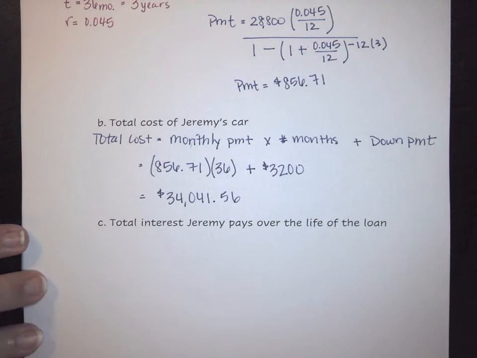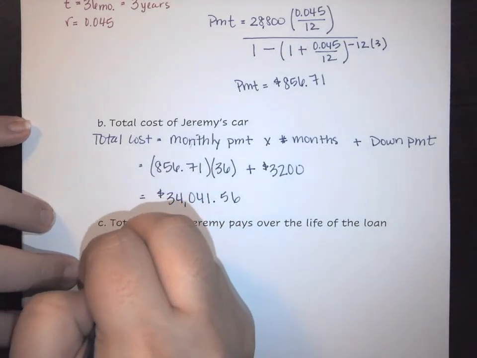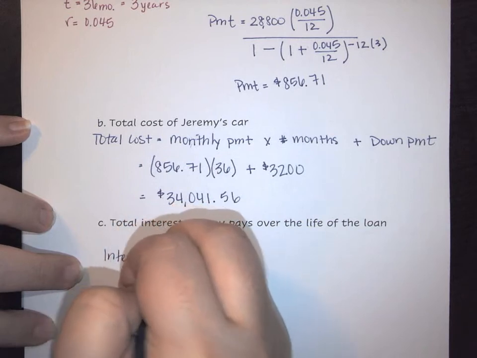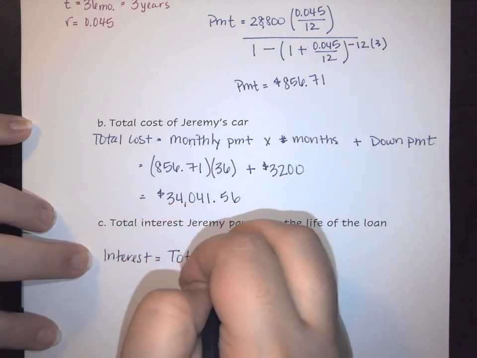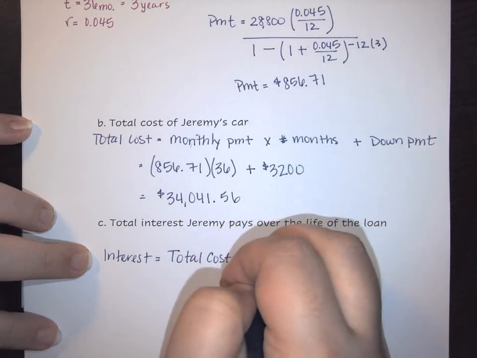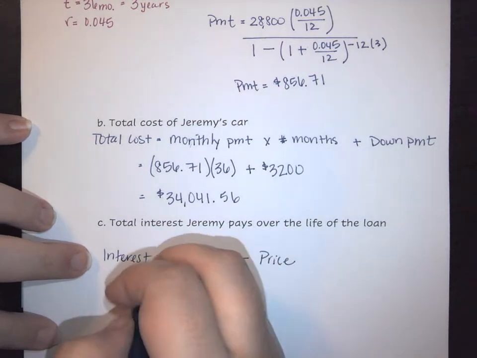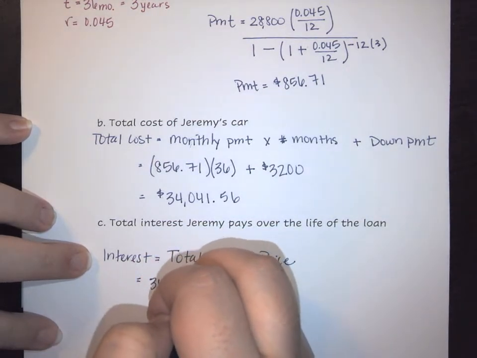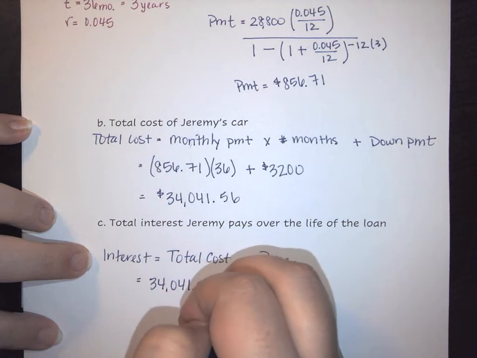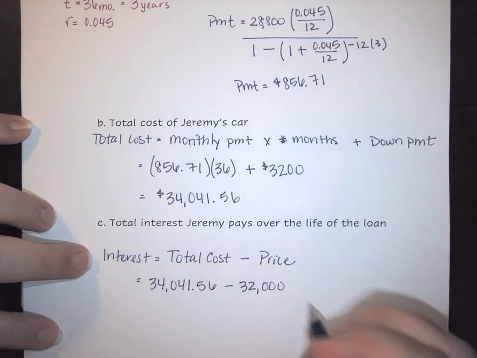Now, to find the total interest that you pay, you're simply going to take the total cost and subtract away the price of the car. So in this case, the total cost was going to be $34,041.56, and the price of the car was $32,000.